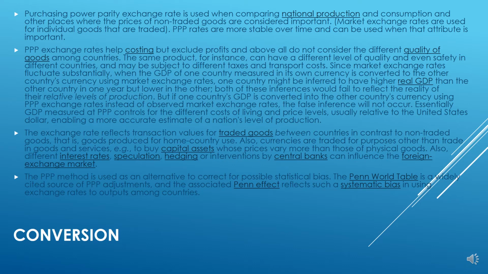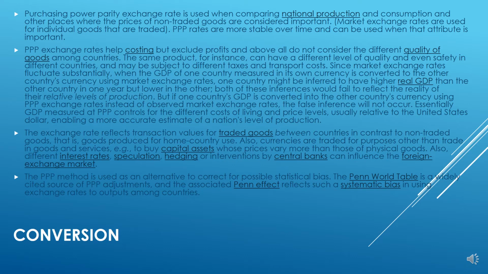Also, currencies are traded for purposes other than trade in goods and services. An example is buying capital assets, whose prices vary more than those of physical goods. Also, different interest rates, speculation, hedging, or intervention by central banks can influence the foreign exchange market.